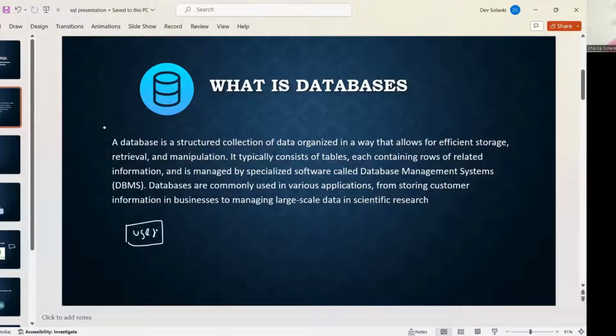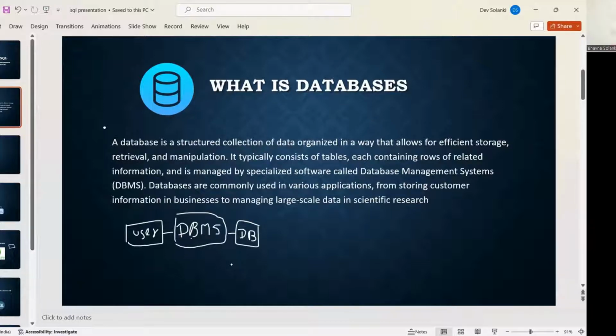This is the database. It requires one system to manage this. That is known as DBMS, Database Management System. It is software which works on the backend.